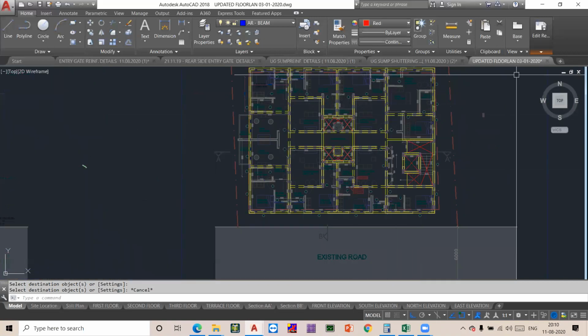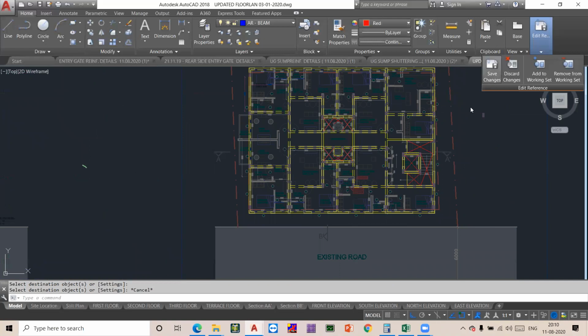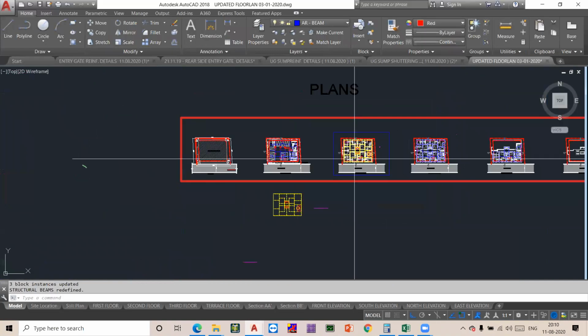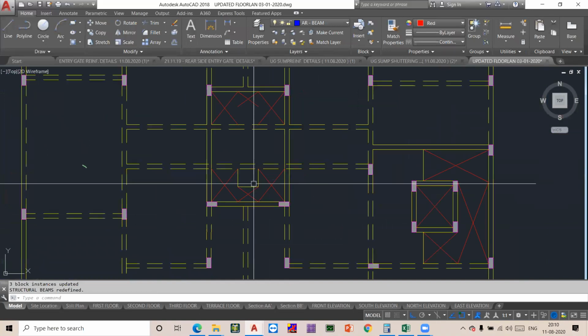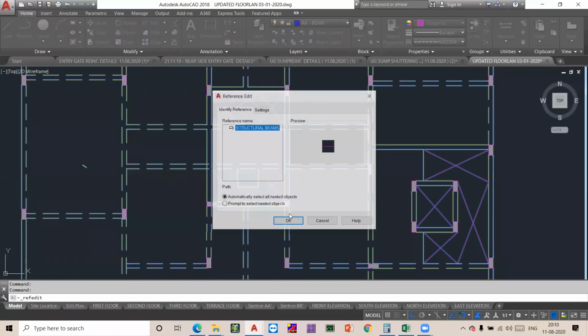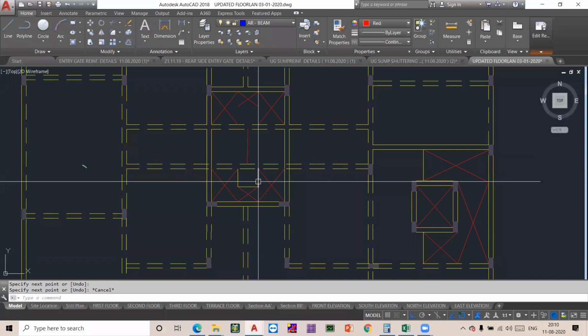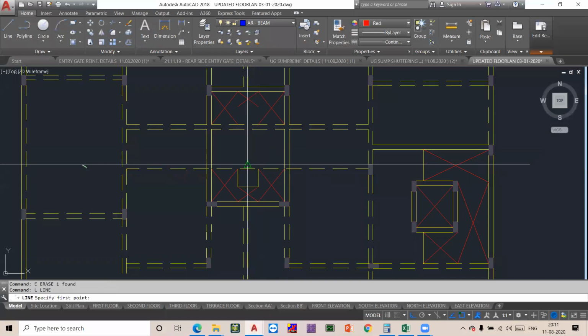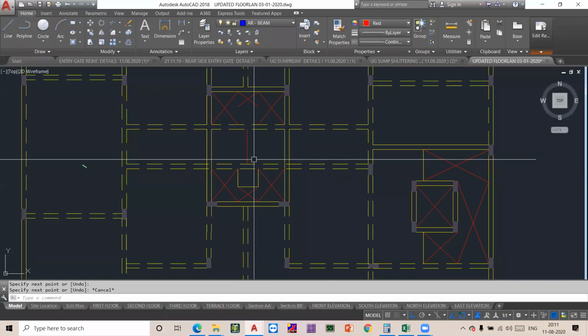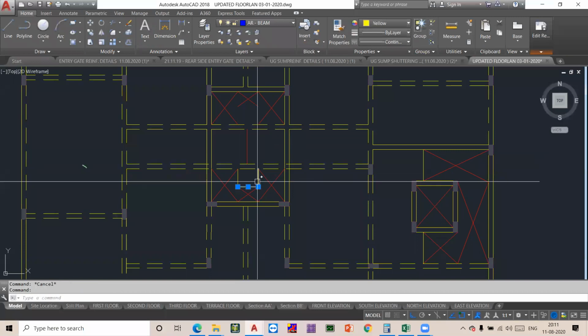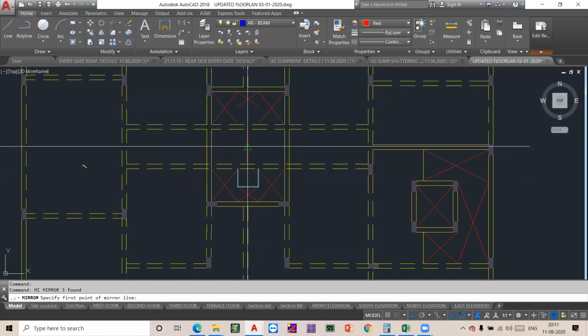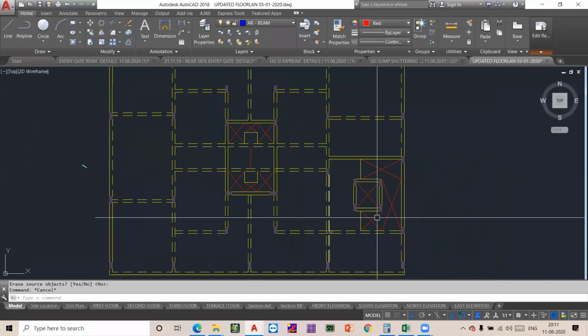Okay. So with this, see, this has been reflected here. We need to again mirror these projections. Now the beam face that is next to this cutout will be visible.